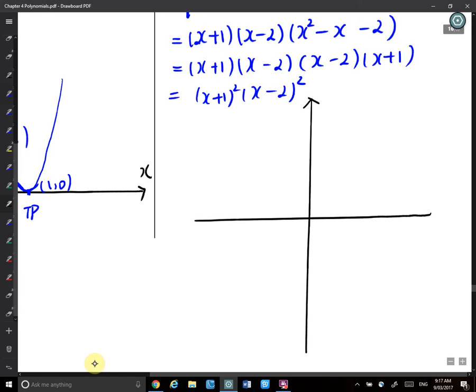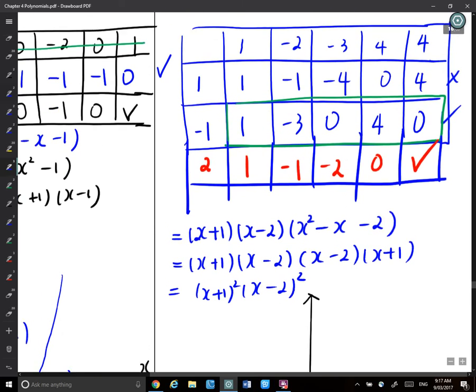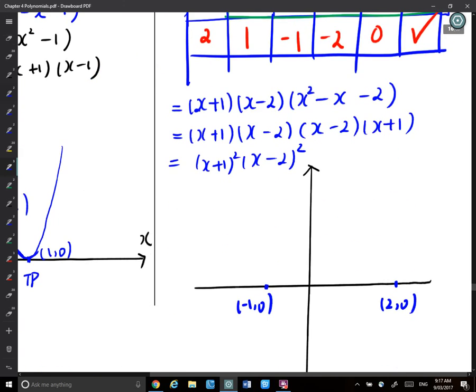So you have the points -1, 0, and 2, 0, and the x-intercept is 4, the y-intercept is 0, 4. And the graph will be symmetrical again. Can you see the graph will be symmetrical again?